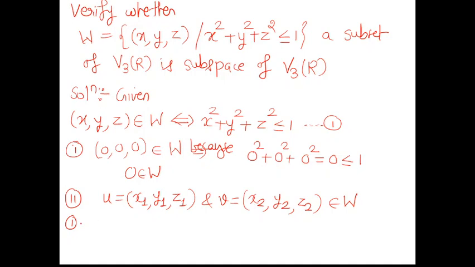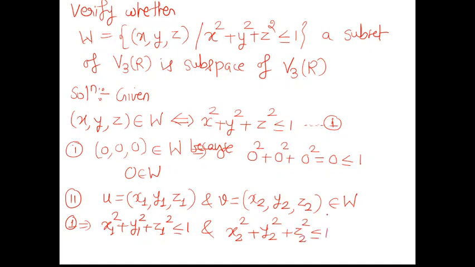So equation 1 implies x1 square plus y1 square plus z1 square is less than or equal to 1. Similarly, x2 square plus y2 square plus z2 square is less than or equal to 1. This is what we have because U and V are in W. Let us call this equation number 2.